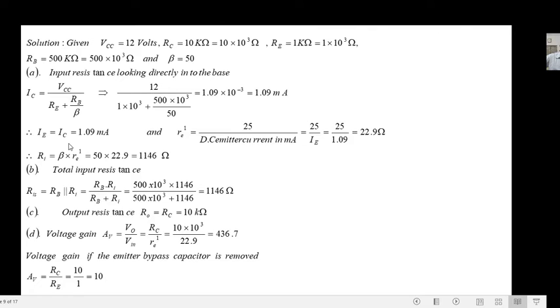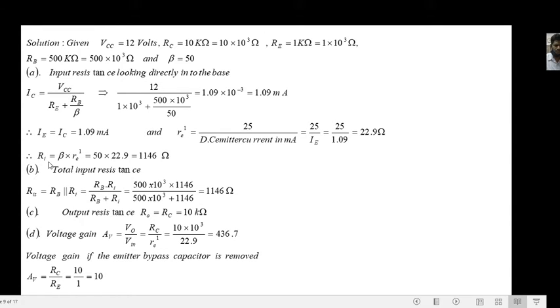Therefore, Ie is equal to Ic, 1.09 milliampere, and Re prime is equal to 25 divided by DC emitter current in milliampere, 25 divided by Ie. Therefore, 25 divided by 1.09 is equal to 22.9 ohm.